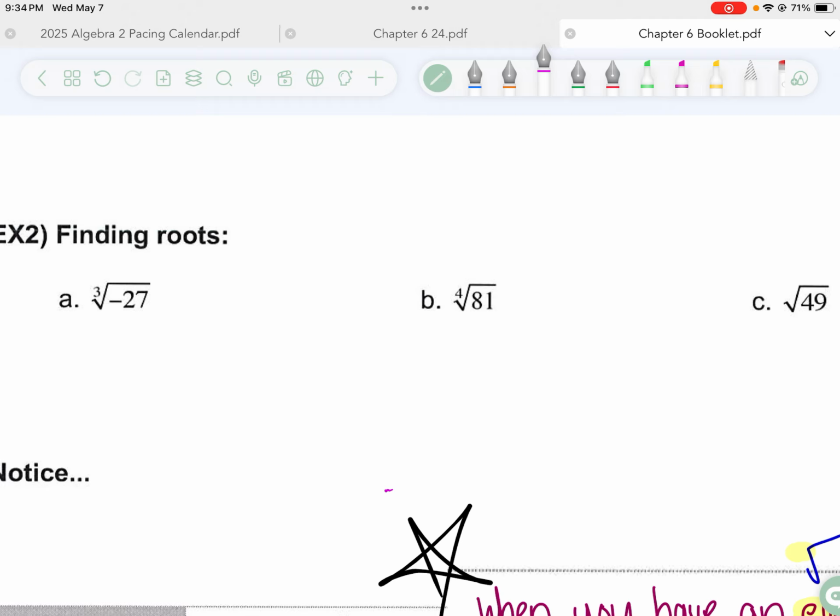Okay, the cube root of -27 is -3. There's no plus or minus on that. It's an odd index. The fourth root of 81 is 3, but we need the plus minus on there.